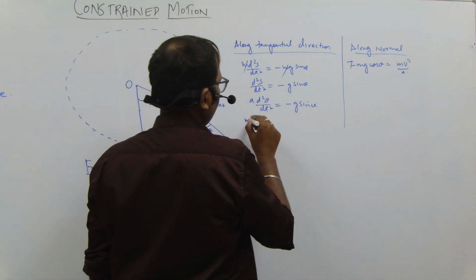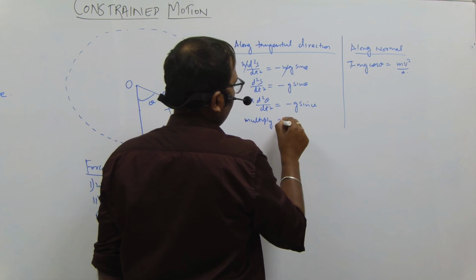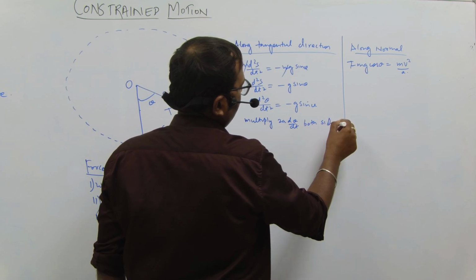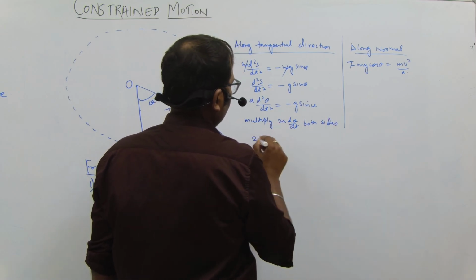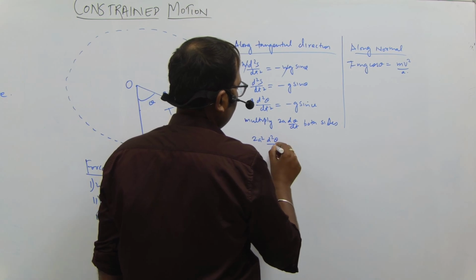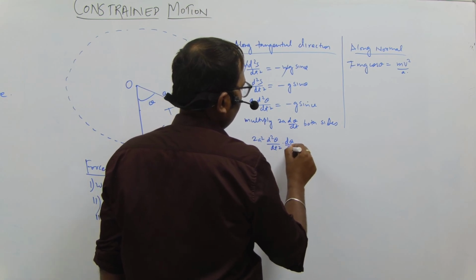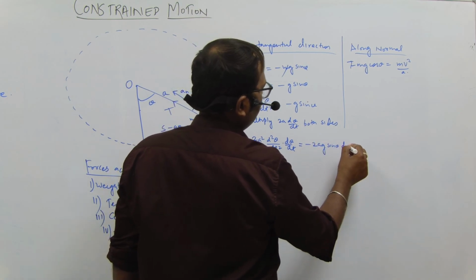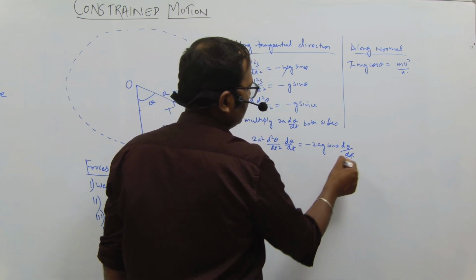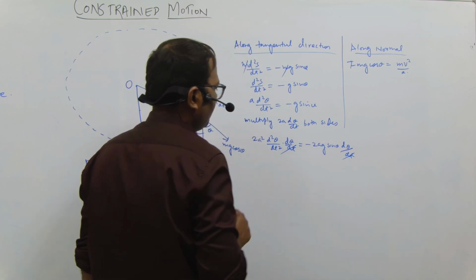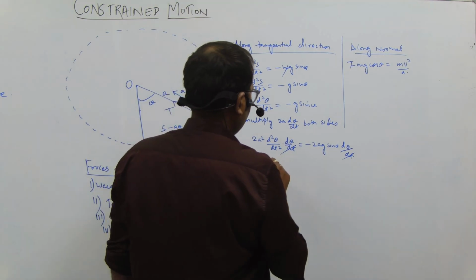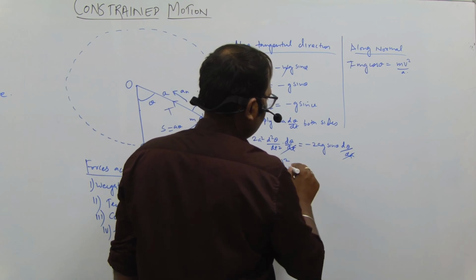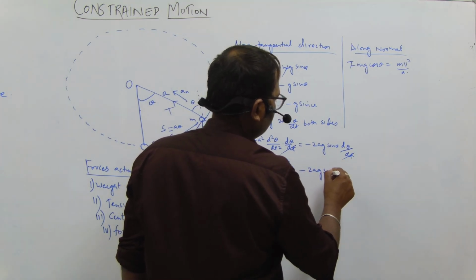Let us multiply 2a d theta upon dt on both sides. So we have 2a square d2 theta upon dt square into d theta upon dt is equal to minus 2ag sin theta d theta upon dt. The dt gets cancelled here, so we have d of (a d theta upon dt) whole square is equal to minus 2ag sin theta d theta.